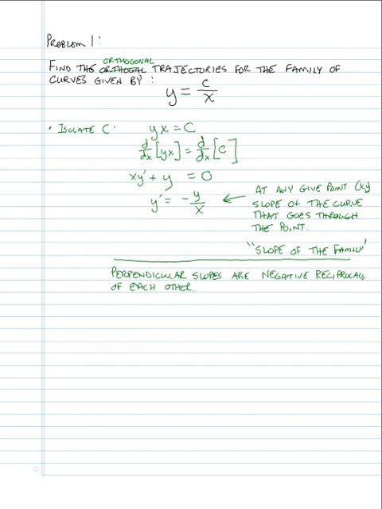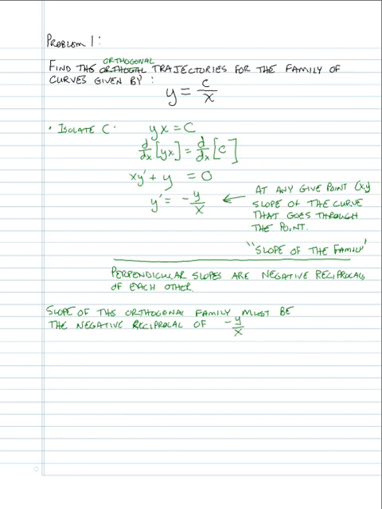And so what we need for perpendicular, the slope of the orthogonal family must be the negative reciprocal of the slope of the original family, which is negative y over x.